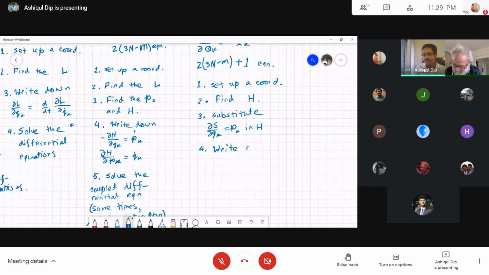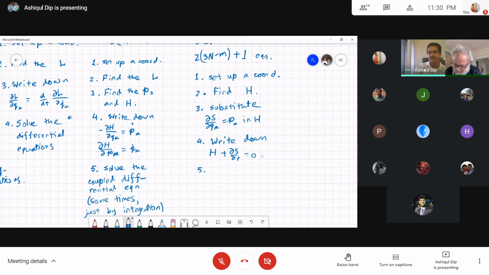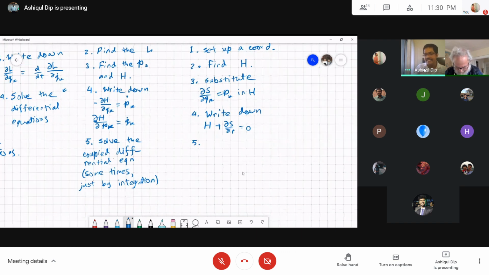Write down H plus partial S by partial t equals 0. Then separate the partial differential equation.